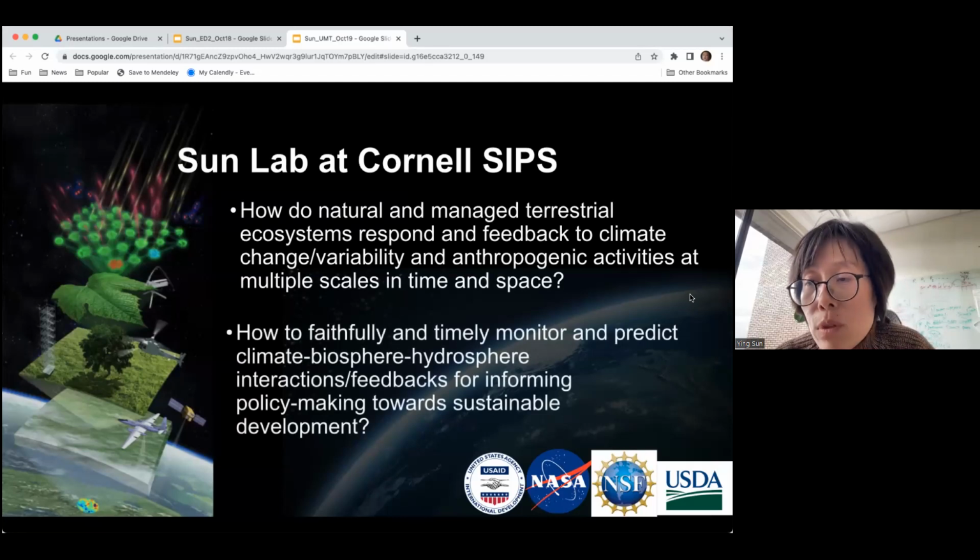Number two, we would like to incorporate our mechanistic understanding into Earth system models, and also use it to interpret the remote sensing observations. Given the audience here, I would like to focus on the agriculture systems and the remote sensing monitoring. But if you're interested, I'm more than happy to discuss more about our work on the natural system and also our modeling work.